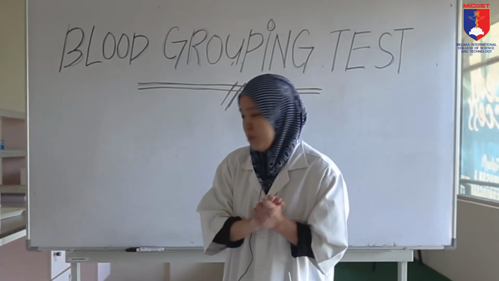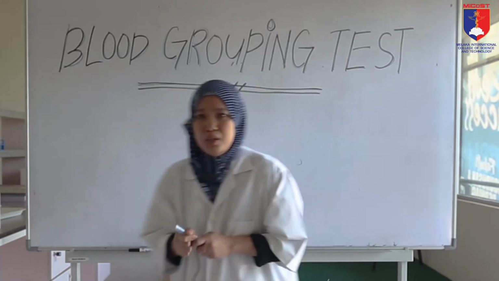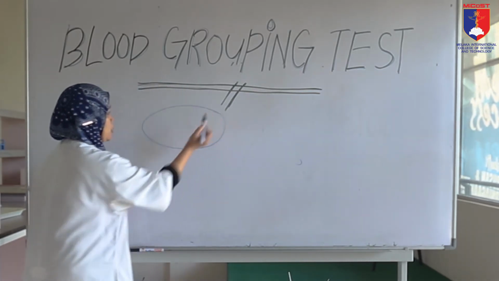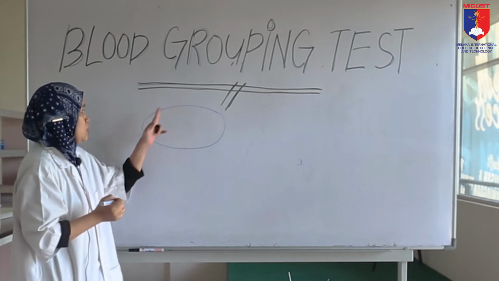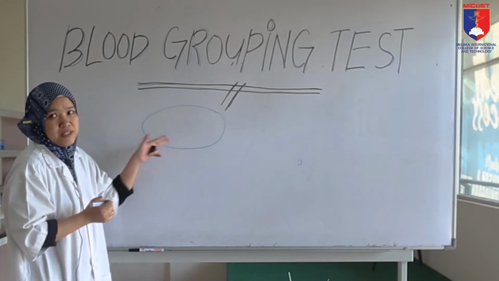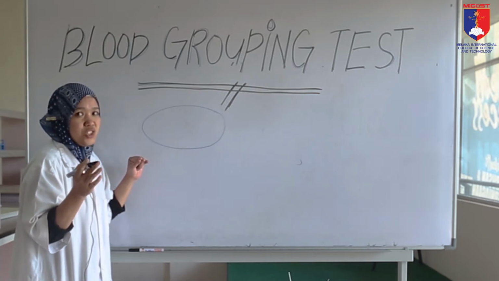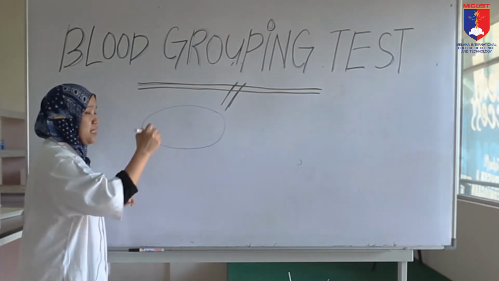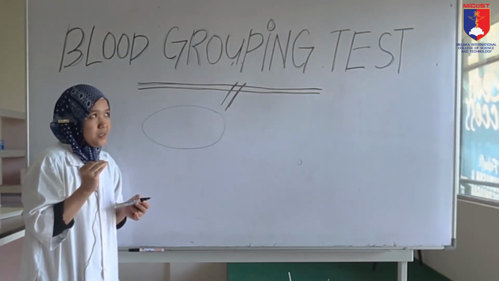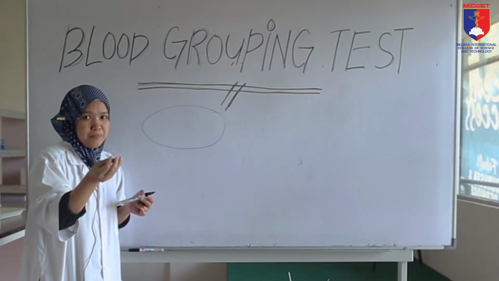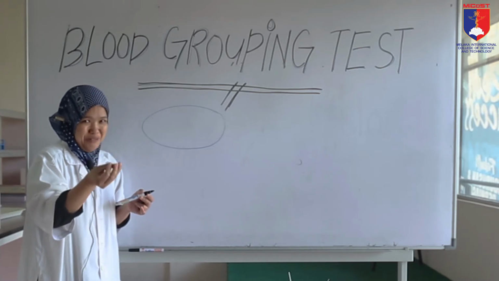Before that, we know this is our RBC. Our RBC is biconcave in shape. On the surface of our RBC, they have an antigen. This antigen is used to know what type of blood we have.